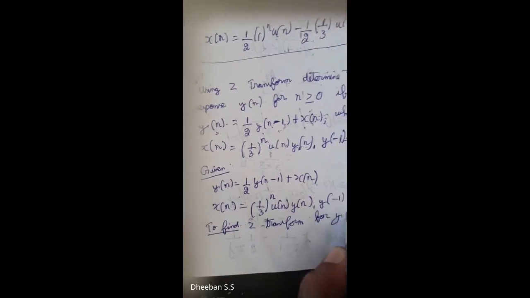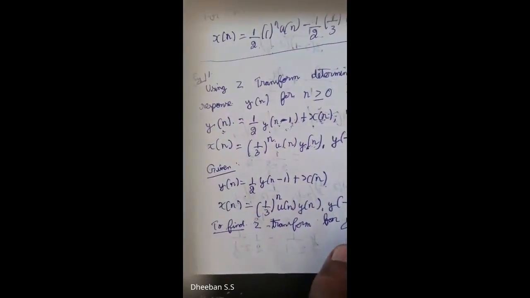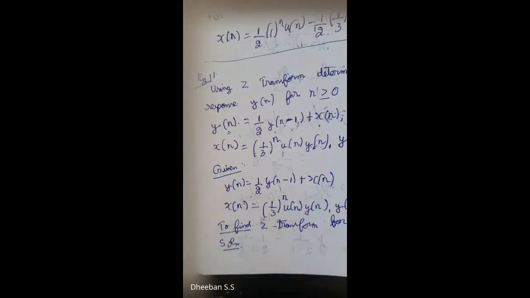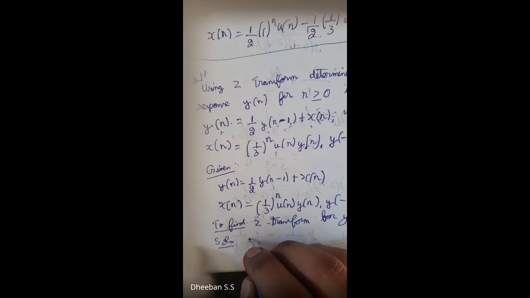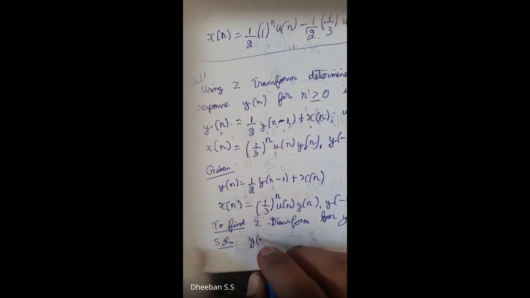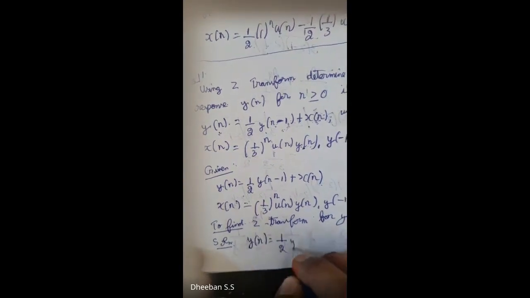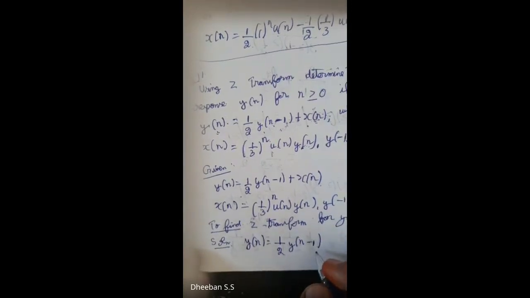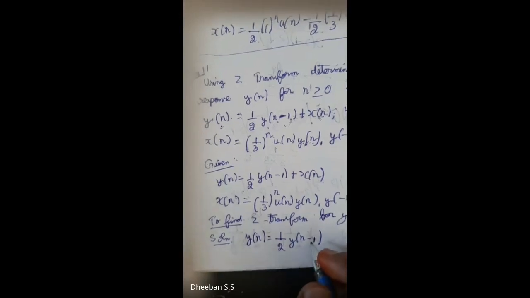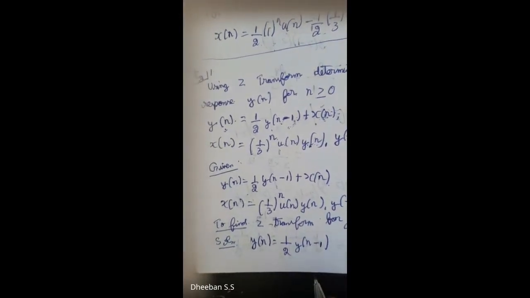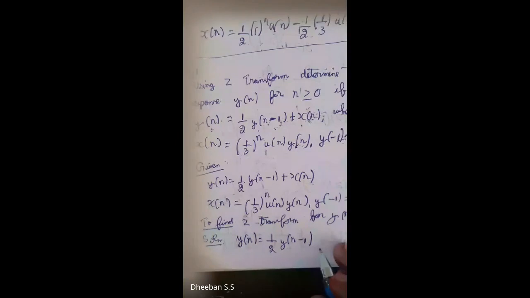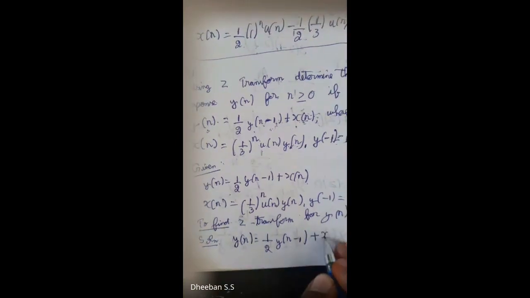So how can you find it? Solution: first you take down the signal. y of n equal to 1 by 2 y of n minus 1 plus x of n.